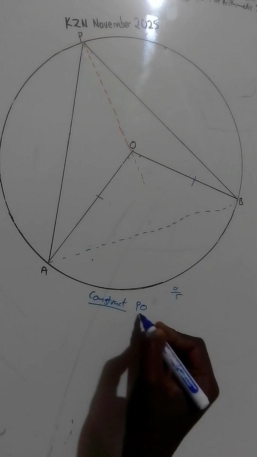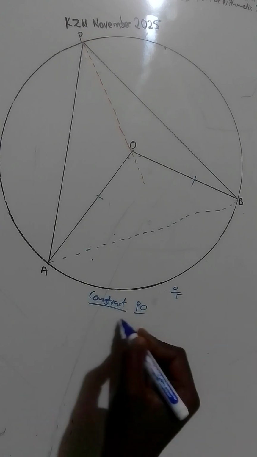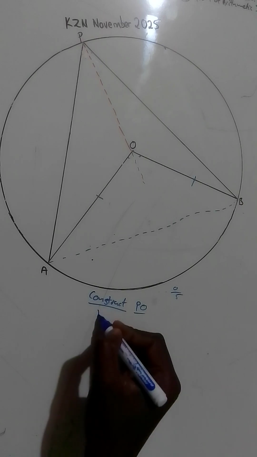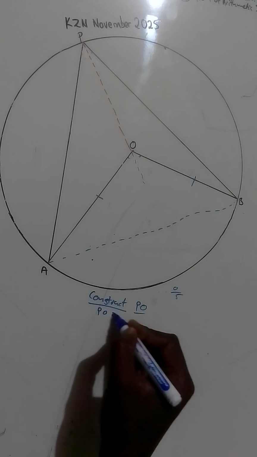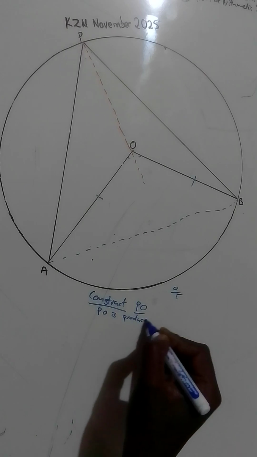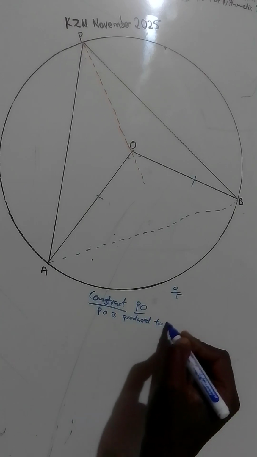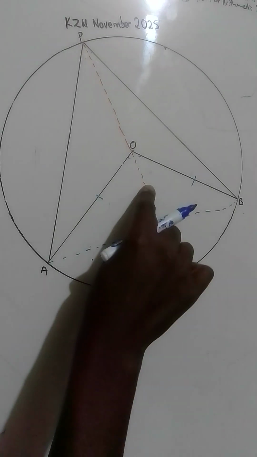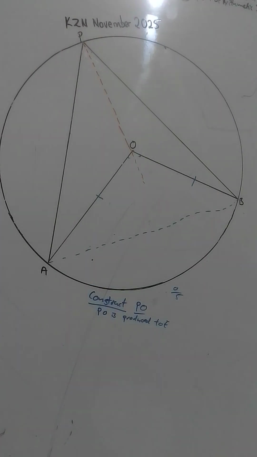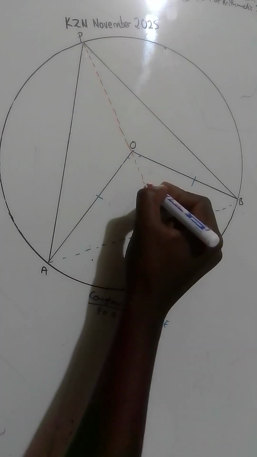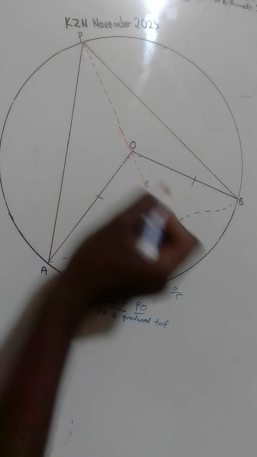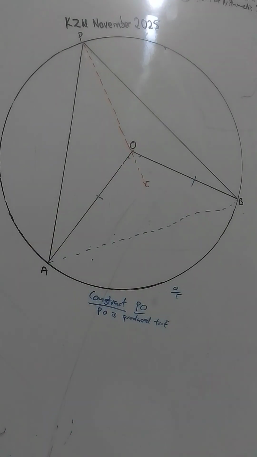So I will say I've constructed line PO, and PO is produced to E. Meaning where I've left it here, I'm going to call it point E, where I've extended it. Remember, I've extended it beyond the center. Now, why did I do that?